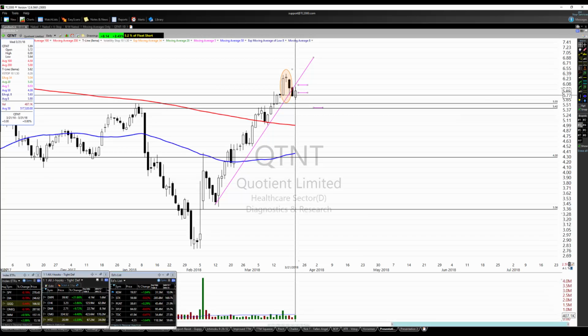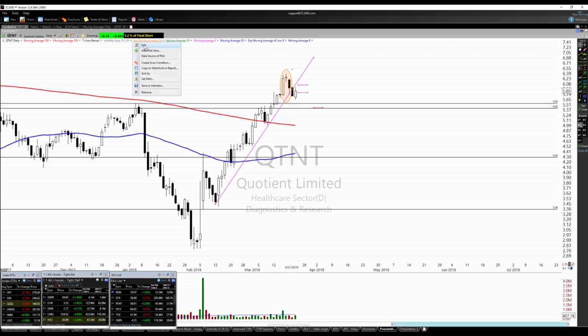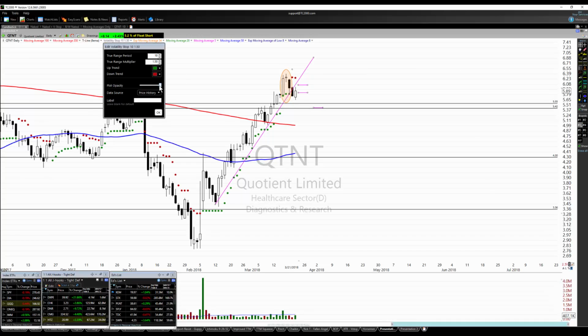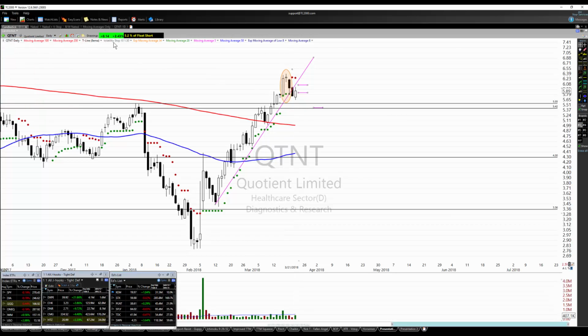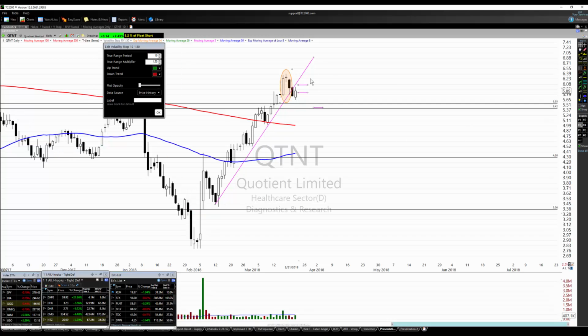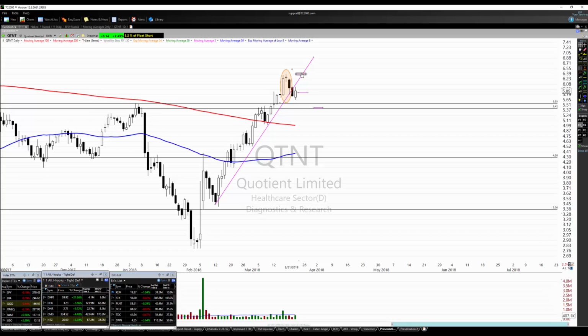If we're using the V-stop, it's clear up here, above this high, which is too far away.